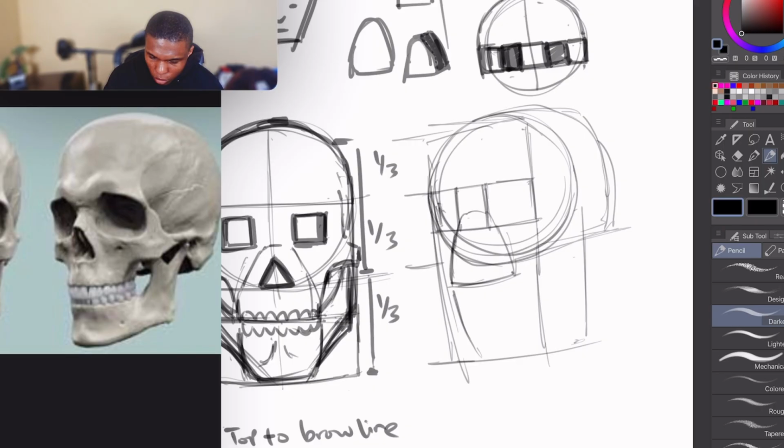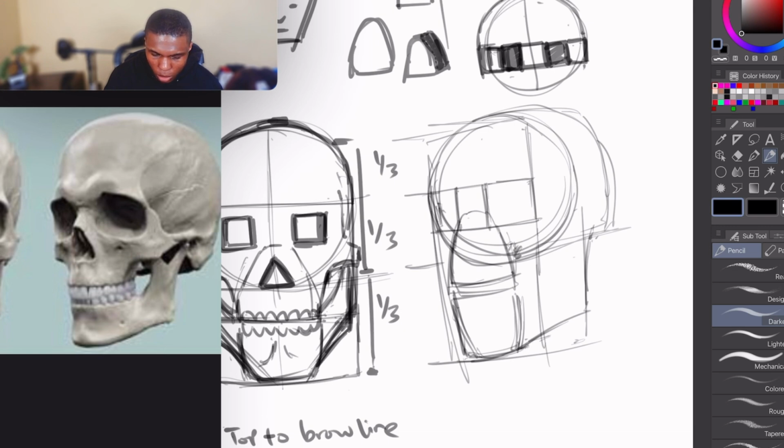And then you can see how my cylinder shape is helping me to get the upper and lower jaw easily. Not easily, I'm struggling here a bit, but essentially that is what it's doing. It's making it easier to draw.